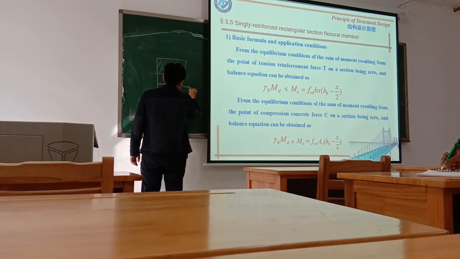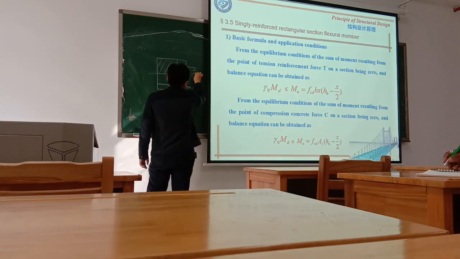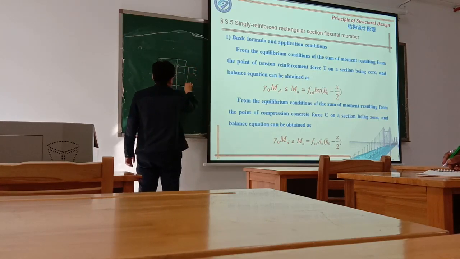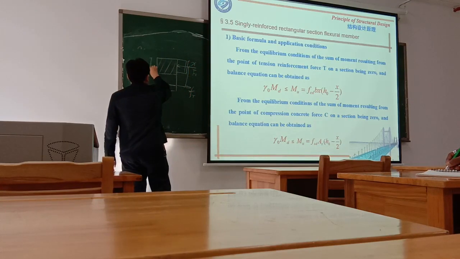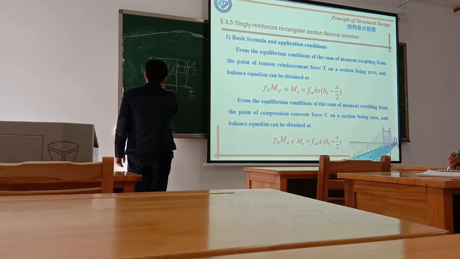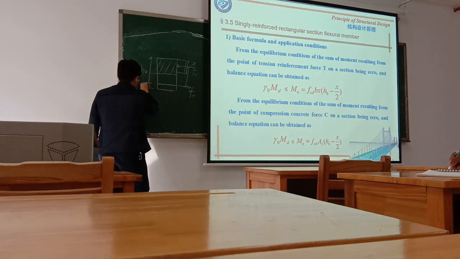Here is the tensile force Ft. Here is the compressive force Fc, and the arm is like this. The height of this compression zone is x, and suppose this is h0. And this part is As.